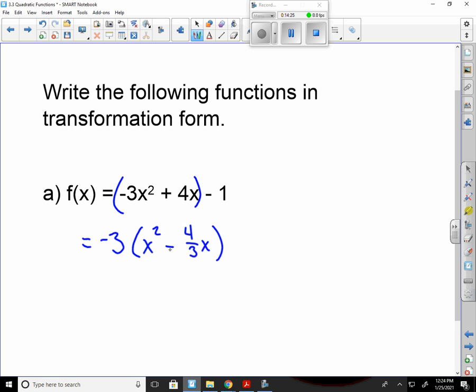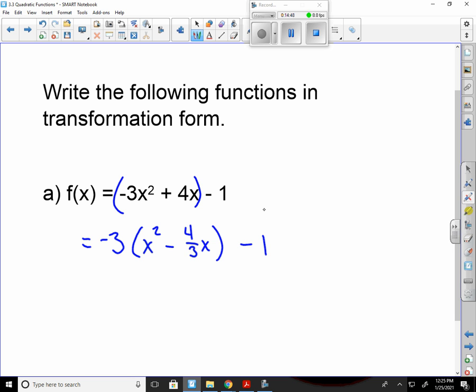The reason that sign changed is because I pulled a negative out, which is going to change that sign. And then it's still minus 1. So far so good, right?